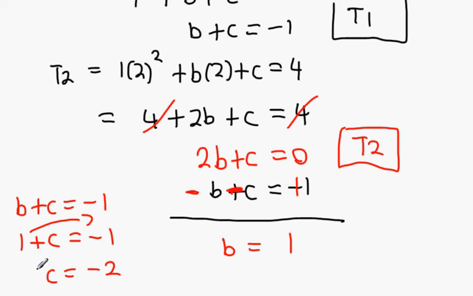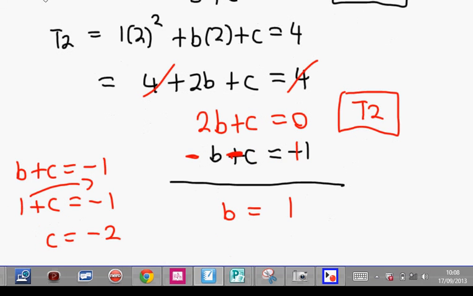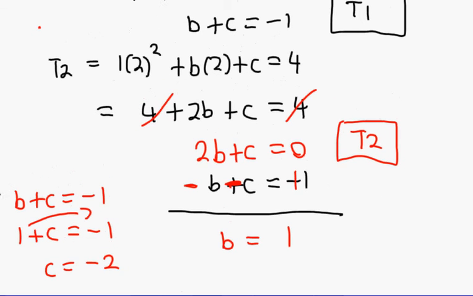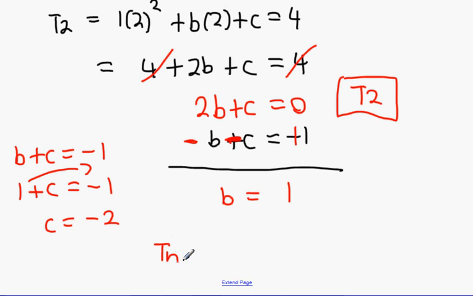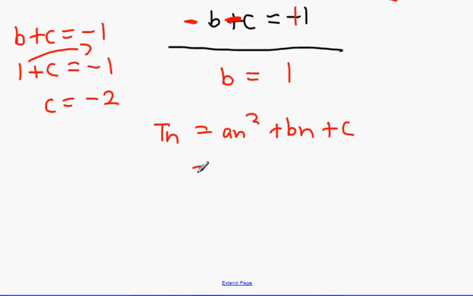Now, your Tn formula was an squared plus bn plus c. What did we say a was again? Half the difference, which is 1n squared. What's b? 1, and c is minus 2. This is how you get Tn.